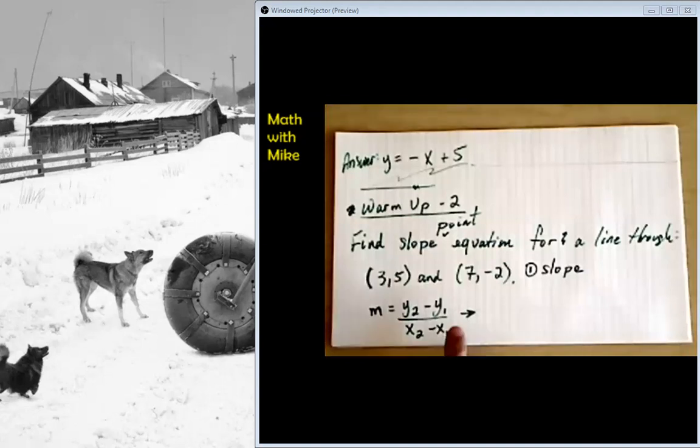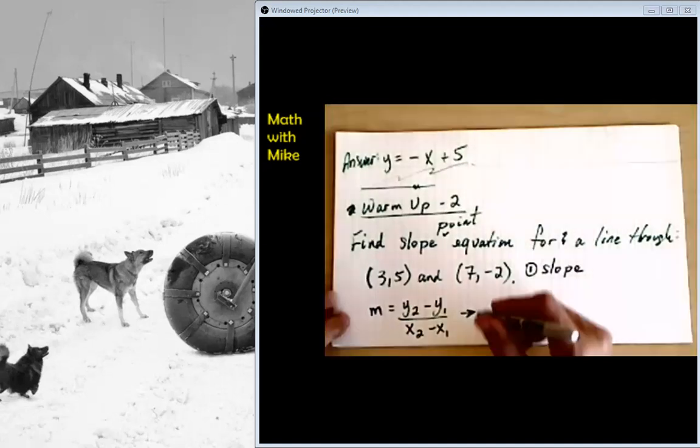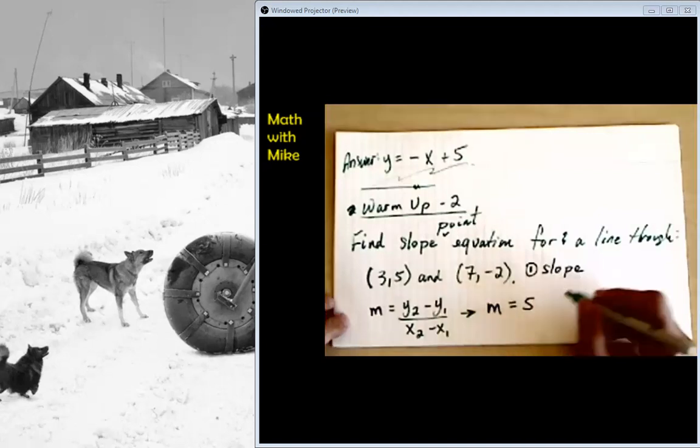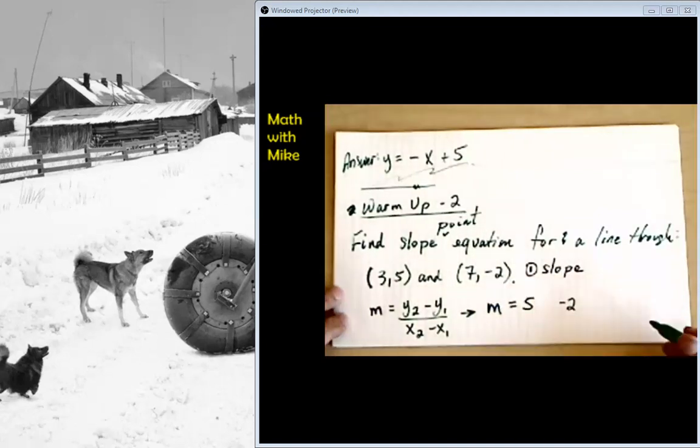Sue, what comes next if we're finding the slope here? I think I heard good things. I just forgot. You need to remind me. Anyone? 5 minus 2. Yeah, so this is what you got to watch. So 5 and minus 2, and over 3 over 7 minus 3.